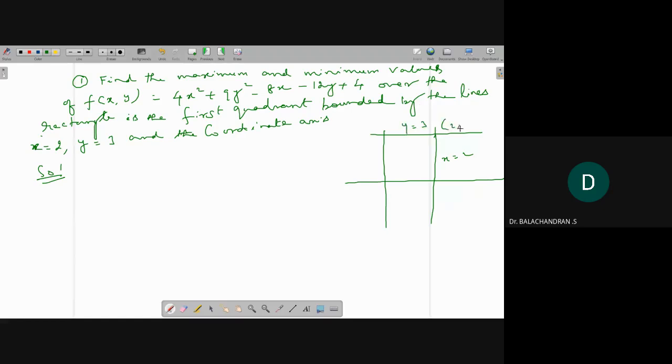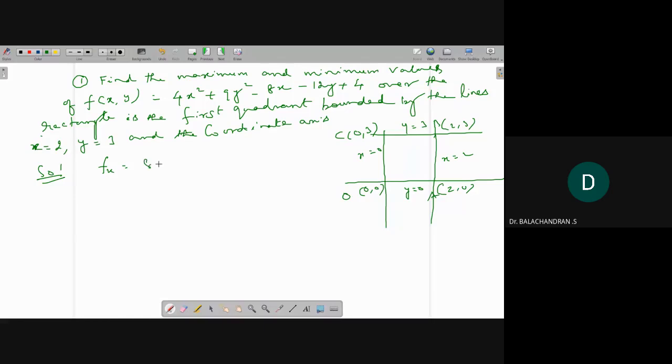So the points are 2 comma 3, 2 comma 0, and 0 comma 3, and 0 comma 0. So now, as usual, you should find: this is O, this is A, this is B, this is C.